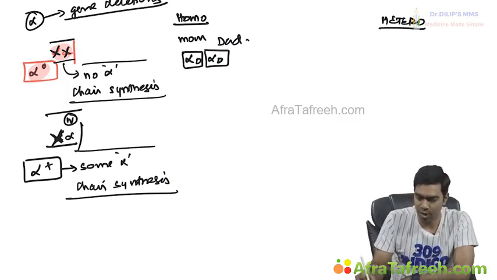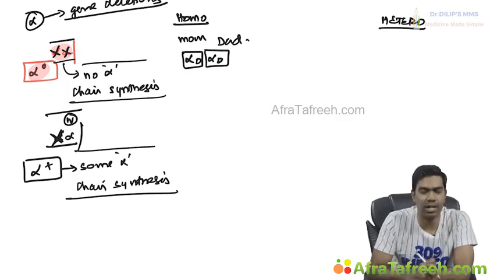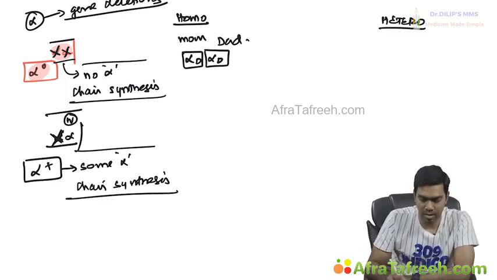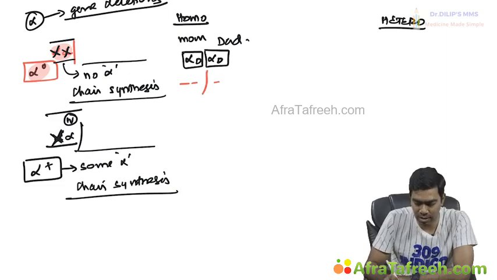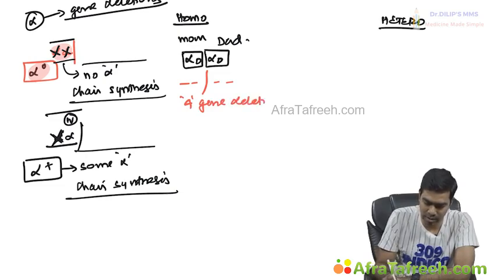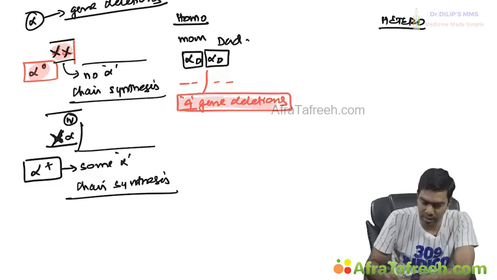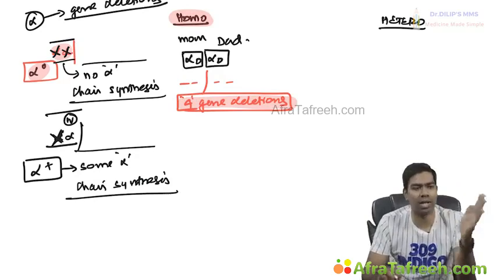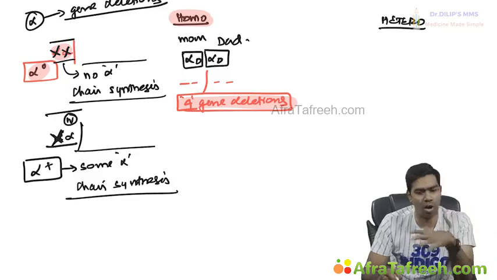You are inheriting two deleted genes from mom and two deleted alpha genes from dad, which you can indirectly write as four gene deletions. This four gene deletion is the result of homozygous alpha 0. Homozygous alpha 0 means all four genes are deleted.